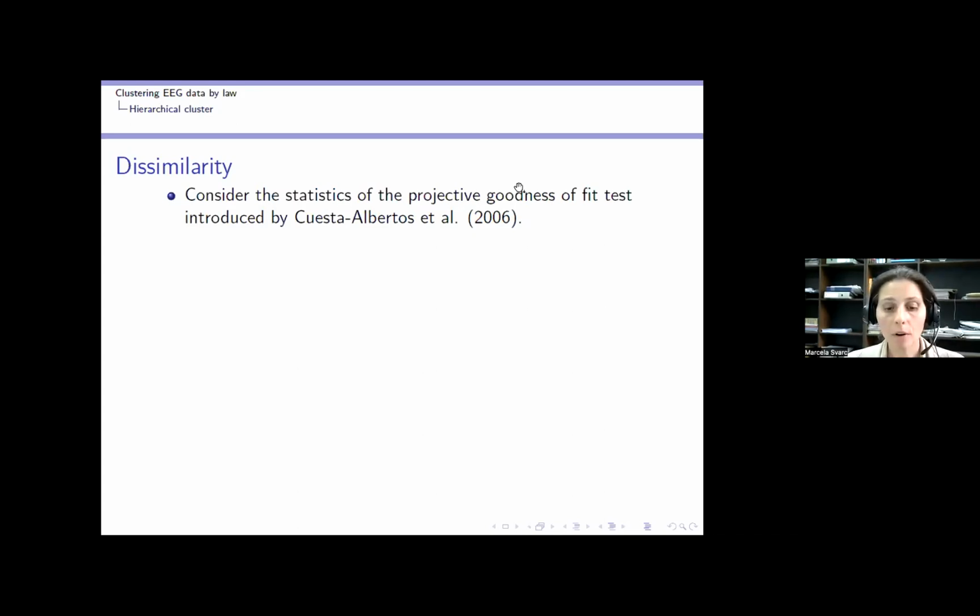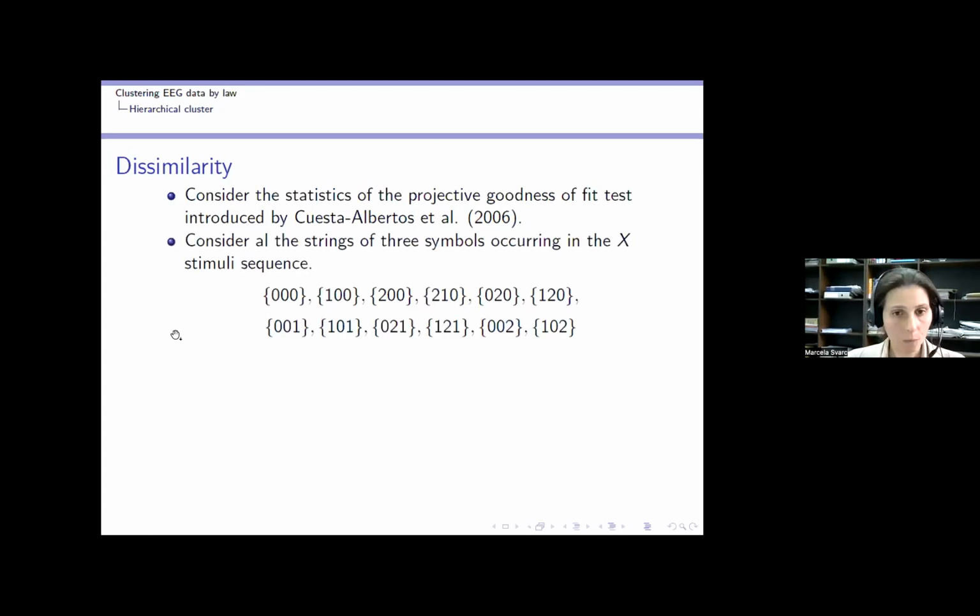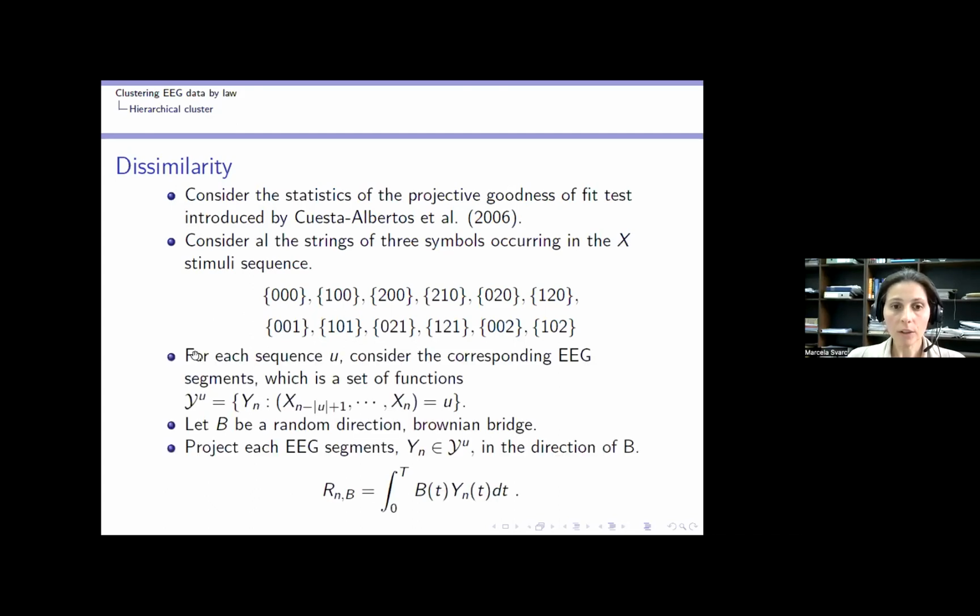So how are we going to build this dissimilarity matrix? Well, we have all the strings of 3 symbols occurring in the stimuli sequence that we have here. For each of these sequences, we can consider the corresponding EEG segments. So for each of these we will have one set of functions, which are these EEG segments.